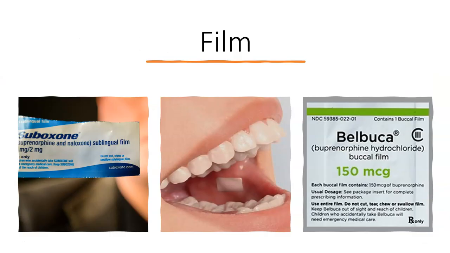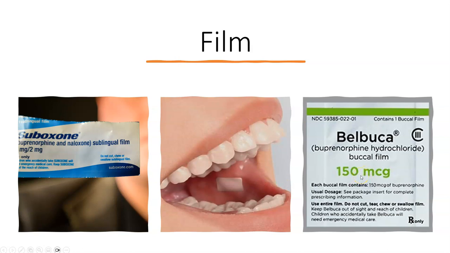Films are another dose form. So Suboxone, this is buprenorphine with naloxone, and they park it on their cheek. This is known as the buccal area in the mouth, and this is a narcotic. It's used for pain. And then Belbuca, buprenorphine, again, same ingredient, just to show you some of the different packagings.